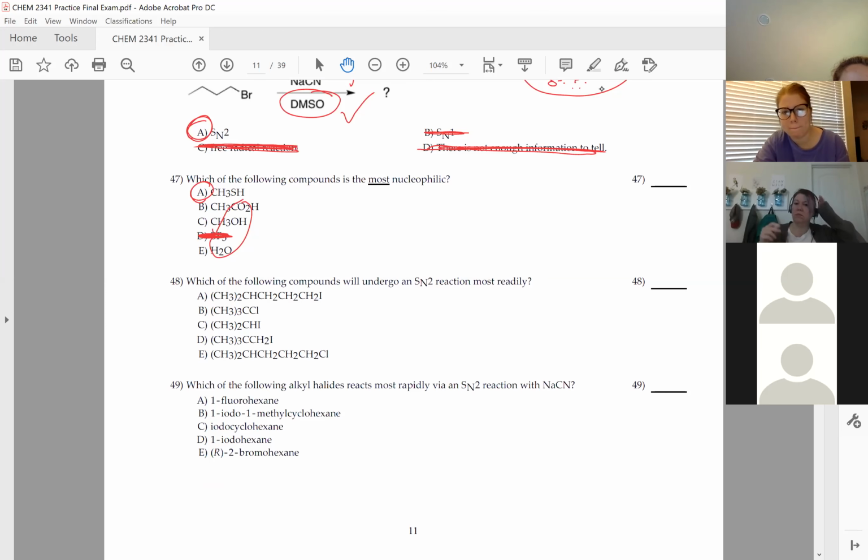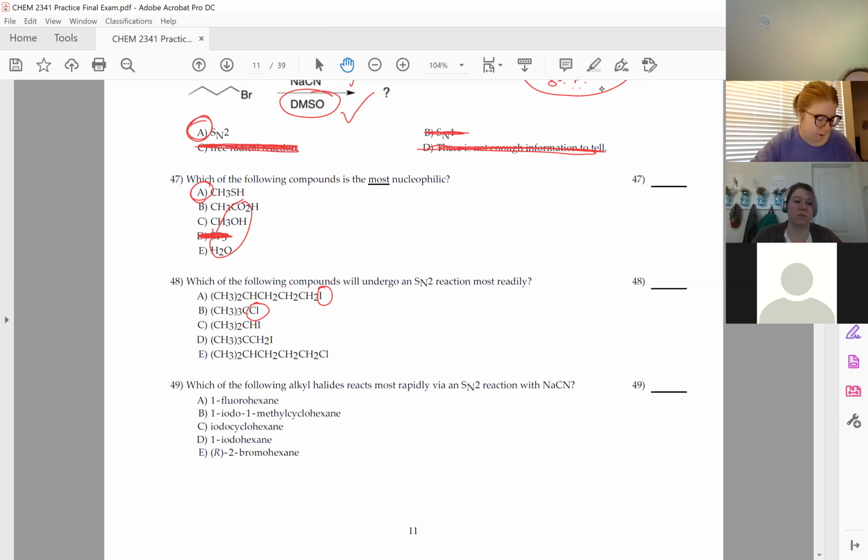Chlorine. Are we sure? We're comparing iodine and chlorine. Iodine is the better leaving group. So cross out your chlorine options because for every chlorine option, there is an identical iodine option. So get rid of the chlorines. It's going to be one of the ones that contains iodine.